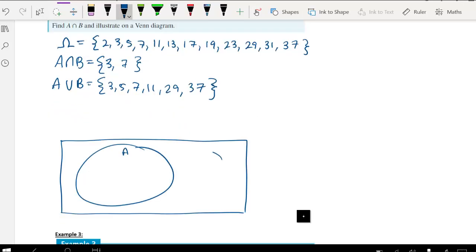So we've got A, we've got set B, and the intersection includes 3 and 7.